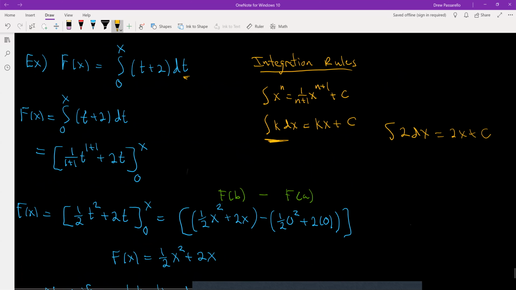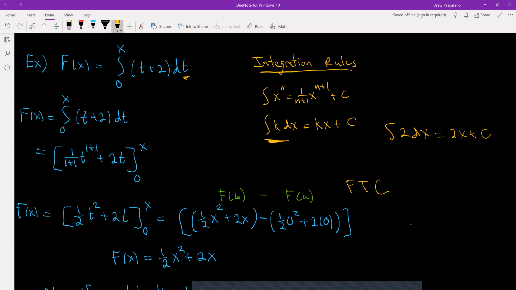And then notice I have that pattern of it being in brackets. And then I put the lower value of the integral, 0, and the upper value, x, on the brackets. And now I apply the fundamental theorem. At this stage, F of b minus F of a, and b is x, so it's 1/2 x squared plus 2x, that's the F of b part.